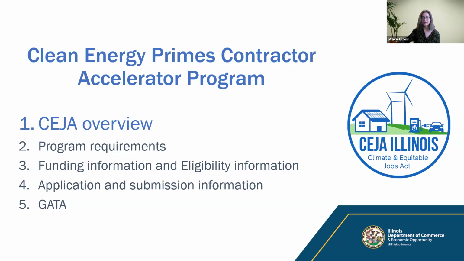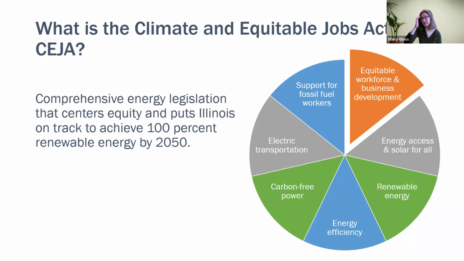So let's get started with a discussion of the Climate and Equitable Jobs Act legislation. CEJA is the landmark energy legislation in Illinois that centers equity and puts Illinois on track to achieve 100% renewable energy by 2050. You can see in this pie chart that it encompasses a lot of different aspects of workforce and business development.